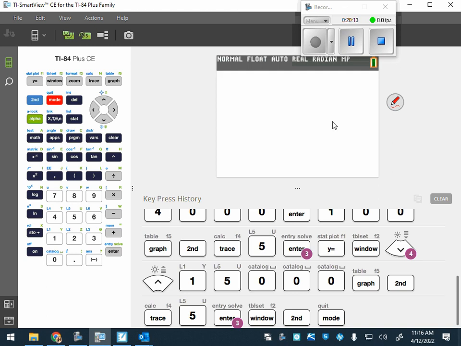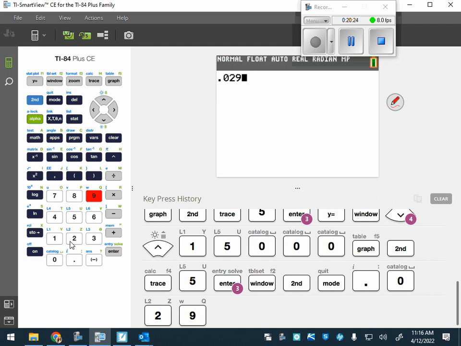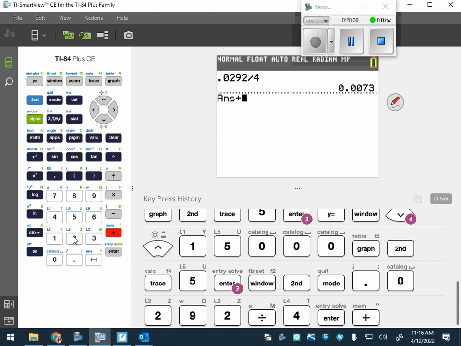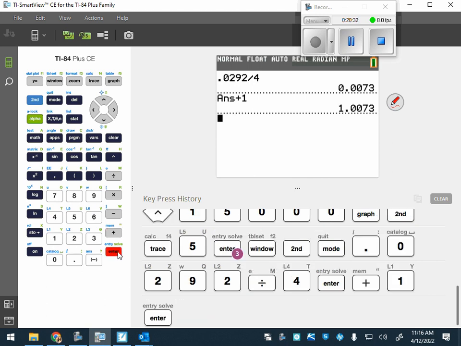If you do not want to worry about parentheses, some of you may not, you take care of your fraction first. So 0.0292 divided by 4 first, then add 1, second step, then raise it to the exponent.